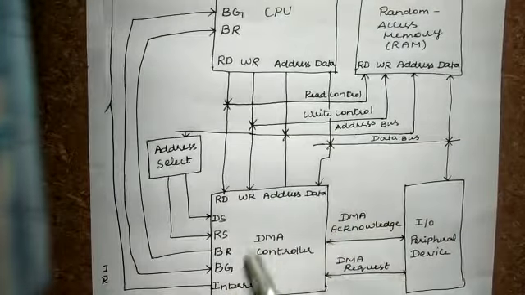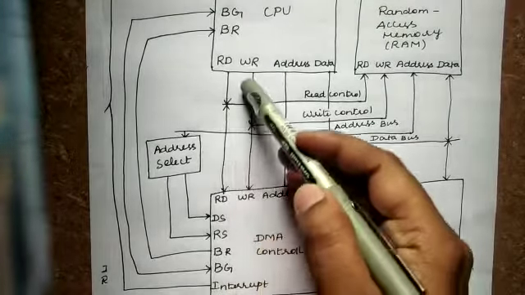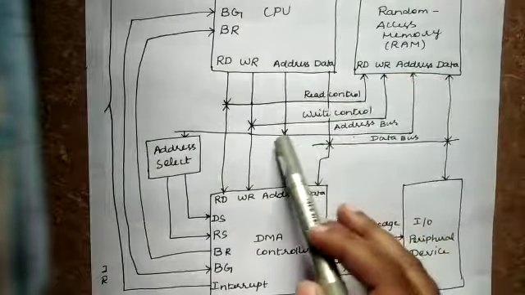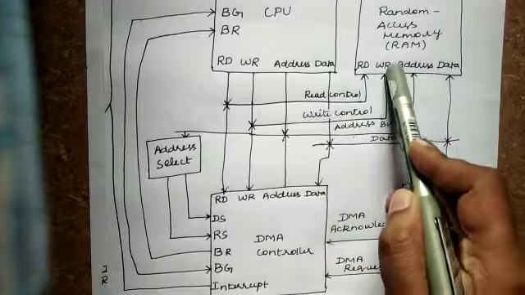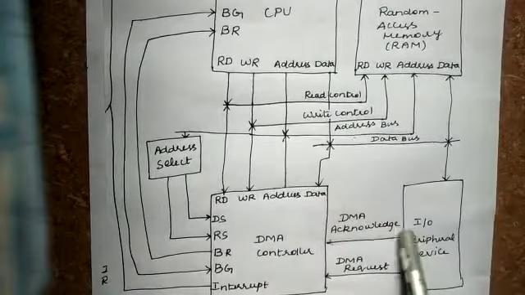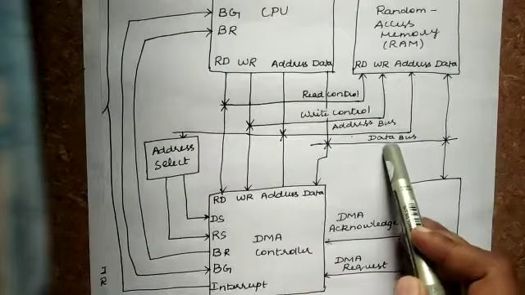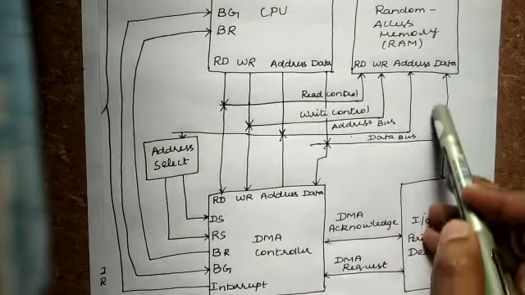When the DMA is ready to transfer, it gets all the control lines from the CPU, and it will directly transfer to the memory. Whatever data it receives from the IO devices, it will directly transfer into the memory.